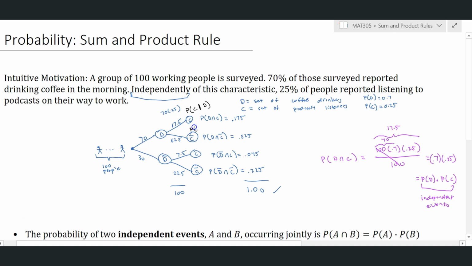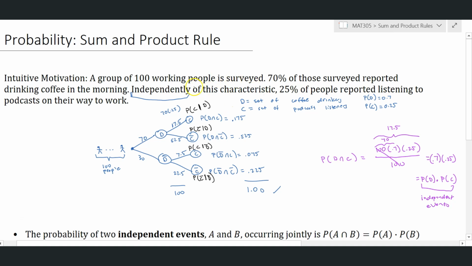And this would be the probability of not listening to podcasts given that you drink coffee. And this would be the probability of listening to podcasts given that you're not a coffee drinker. And this would be the probability that you don't listen to a podcast, out of all the people who are not coffee drinkers.